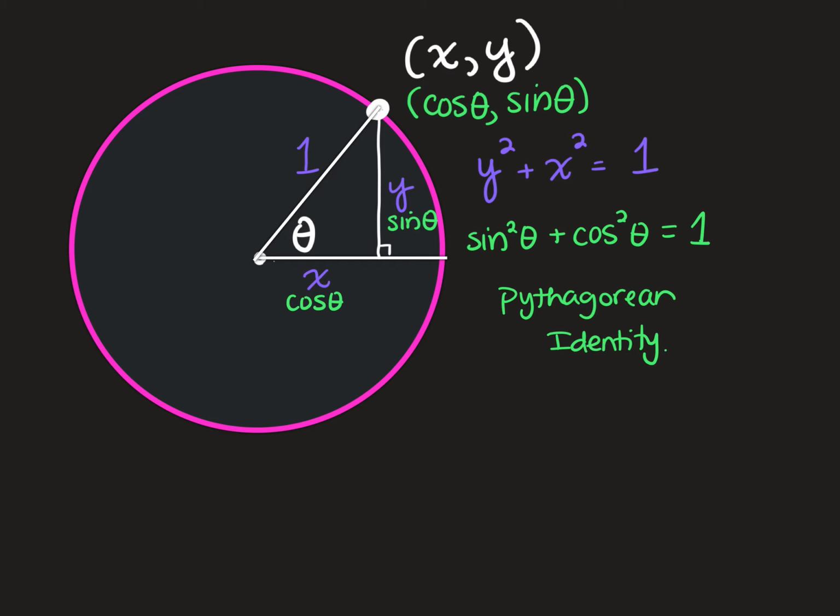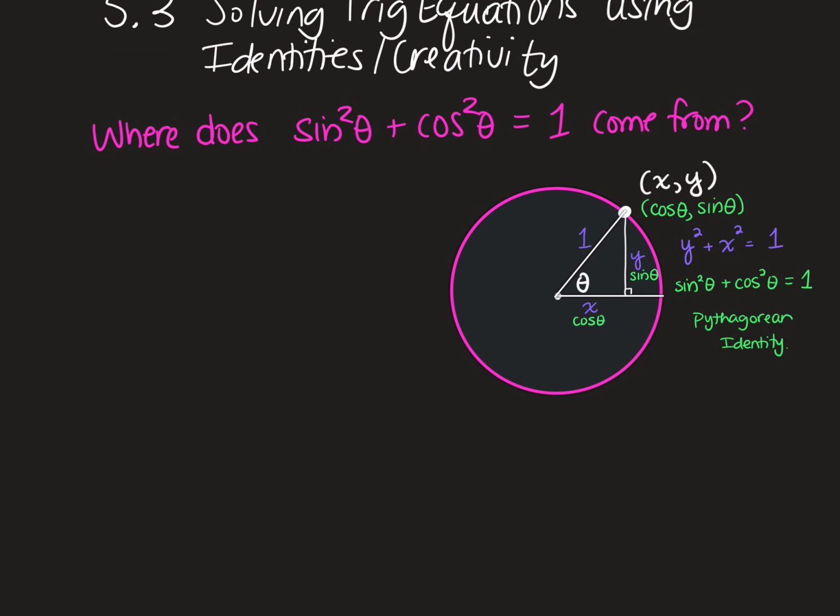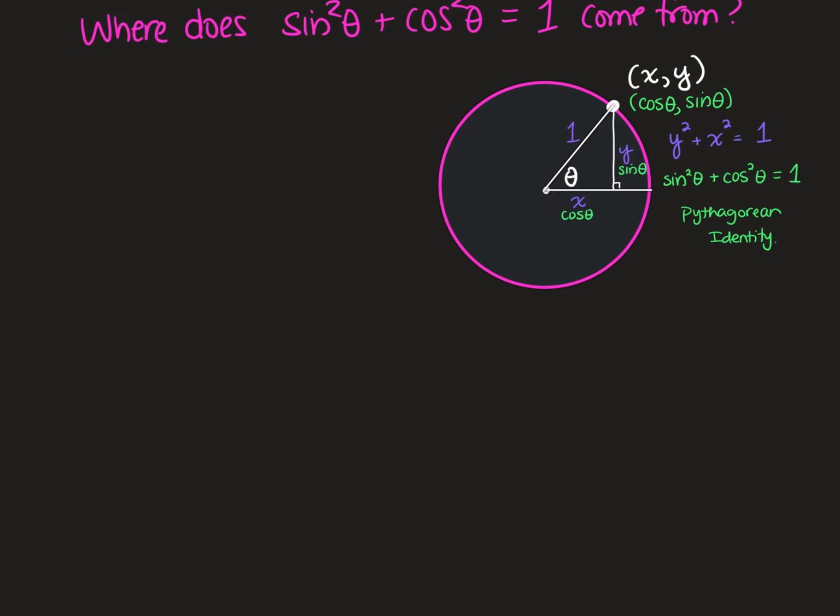So that one identity, sine squared plus cosine squared equals 1, can create the other 8 that you have on your reference sheet. And those other 8 are going to be super helpful as we get into solving some of these equations. So why do we even need that? Well, let's try to solve an equation where it might become a little more obvious that we need to use this.